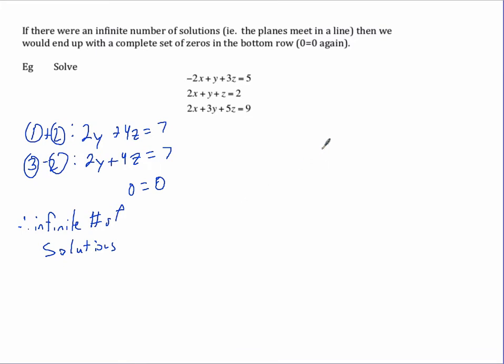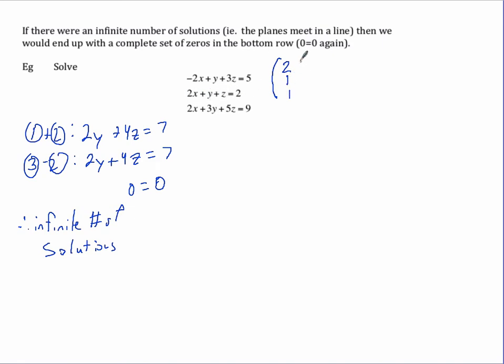Okay, so we want to find that line. The direction vector of the intersection is going to be perpendicular to the normals of all three planes. So we can get the direction vector of the line by doing the cross product of two of these normals.